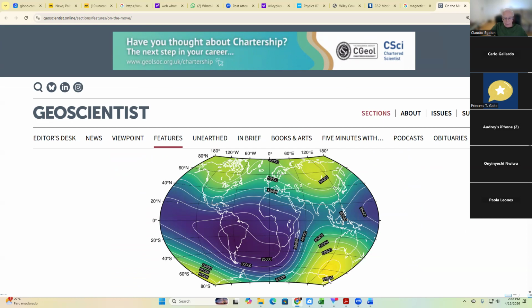And here are the intensity of the magnetic field, okay, 50,000, 45,000. Yeah, 65,000 right in here. They have only up to 80 degrees south, right? But the intensity of the magnetic field changes depending where you are on the Earth's surface.